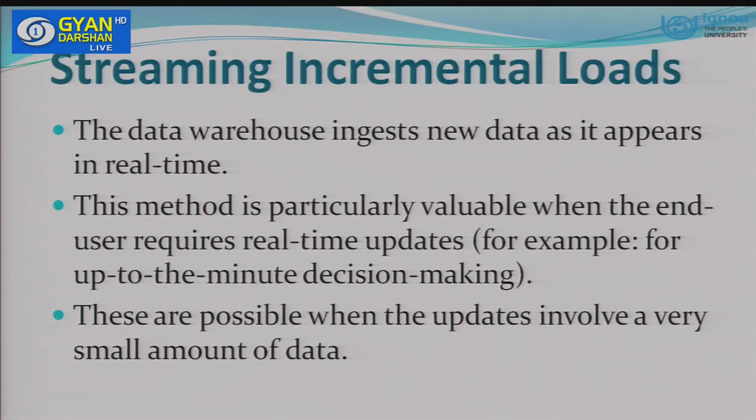For such a use case, you have to go for streaming incremental loads, which update every 3 or 5 minutes and give you insights with real-time data. These are possible when the updates involve a very small amount of data. If the changes are very large, it will take time. But when the changes are small and happen every 3 to 5 minutes, they can be handled as streaming incremental loads.